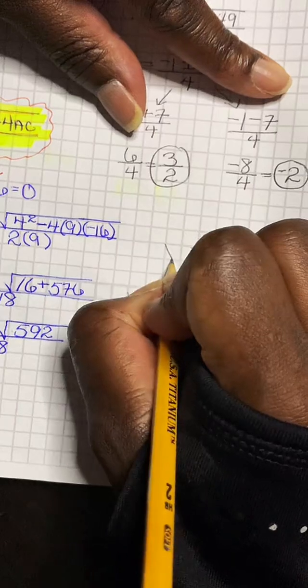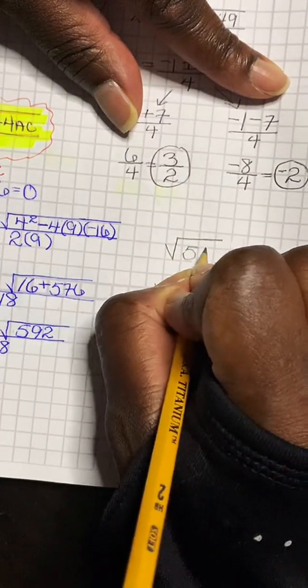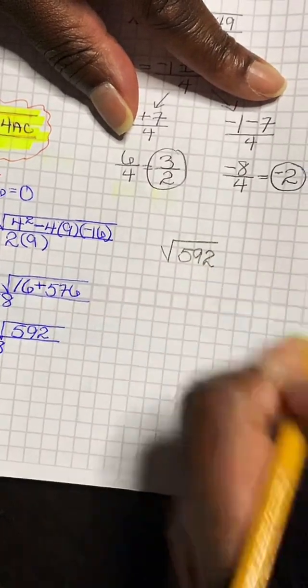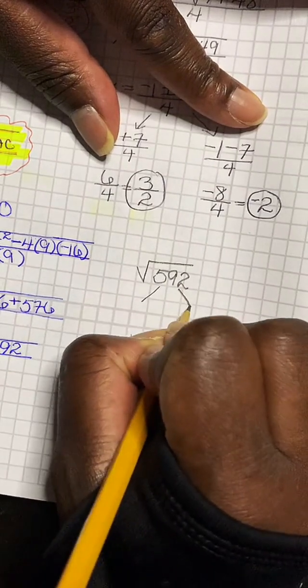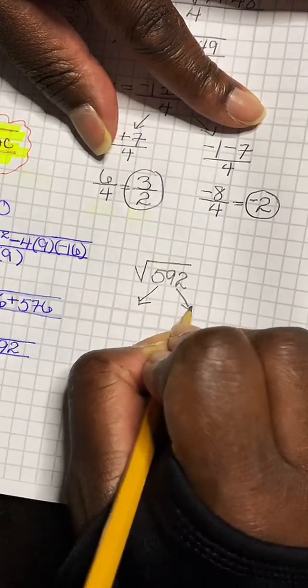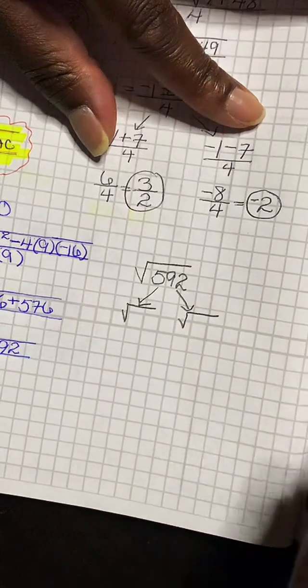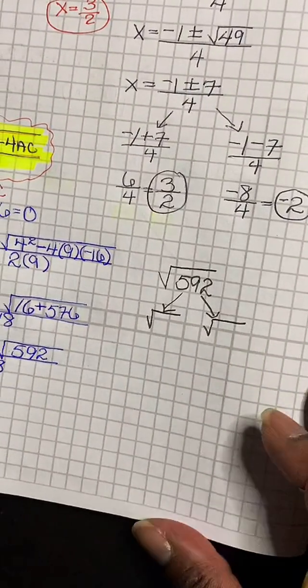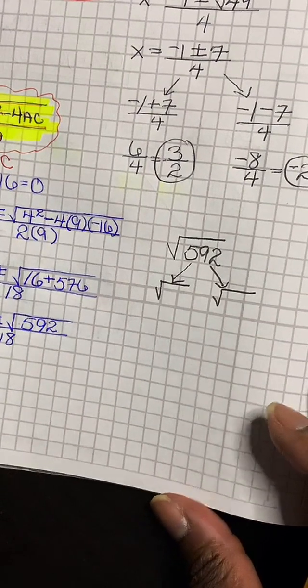So if I have the square root of 592, this can be factored, or at least we try, into 2 radicals. Now, 592, you're probably like, oof, that's pretty large. How am I going to organize all that?